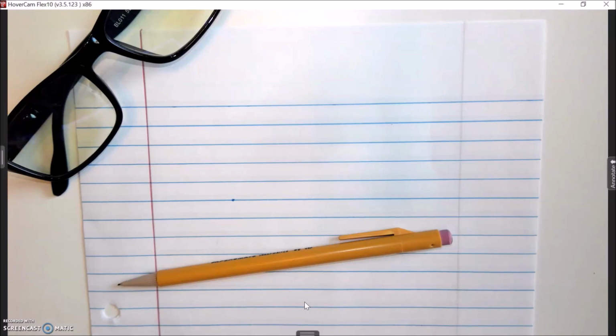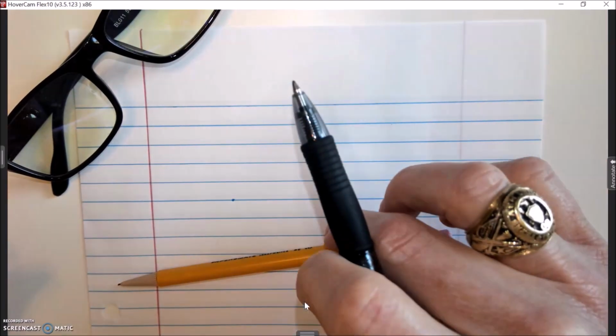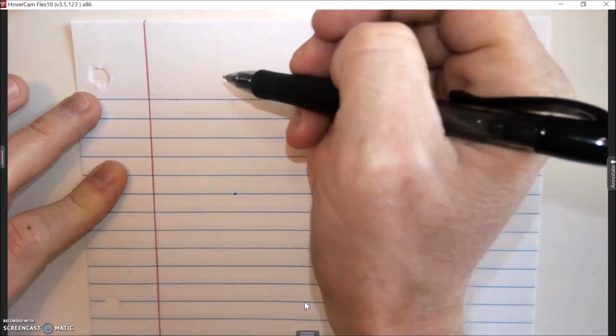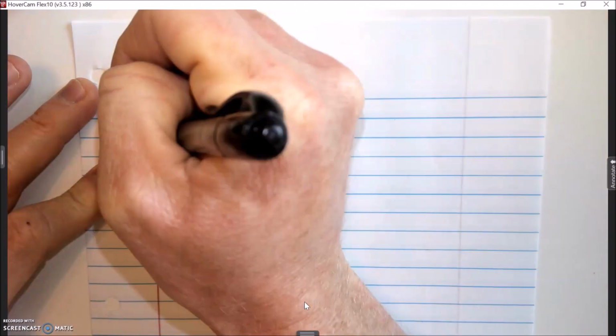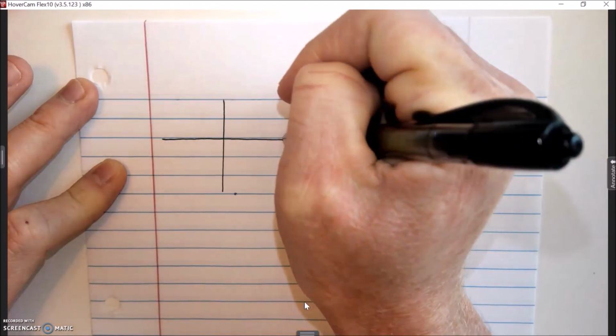Alright guys, like I just mentioned, we are going to take a peek at what slope is. Guys, slope is simply the steepness of a line. I'm going to draw this super quick diagram. Imagine we have the y-axis and the x-axis.